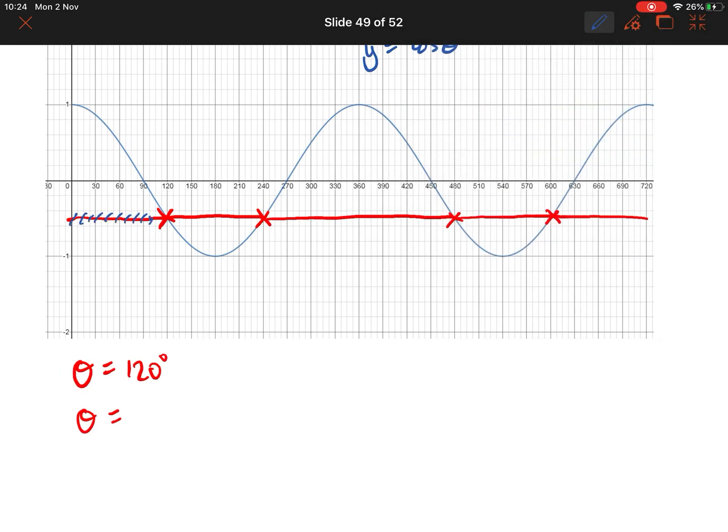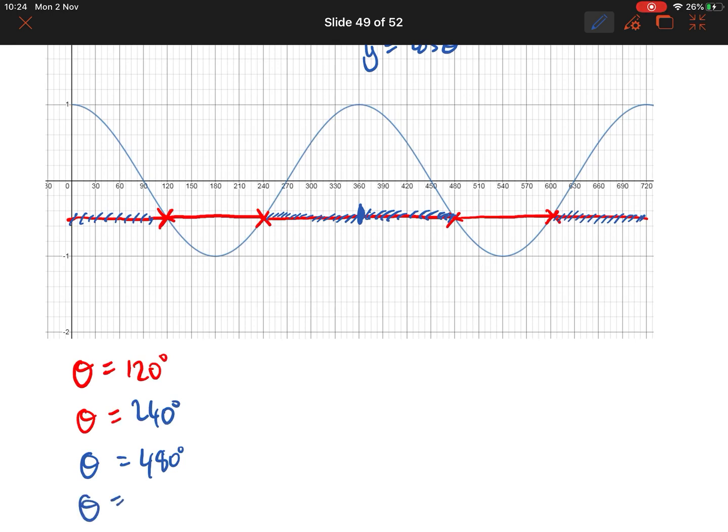For example, we know that this distance here is 120, so this distance here is 120. So 360 minus 120 is 240. We can also work out this should be 360 plus 120, so another angle is 480 degrees.